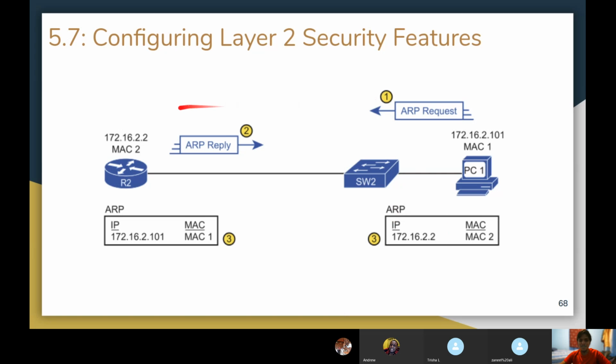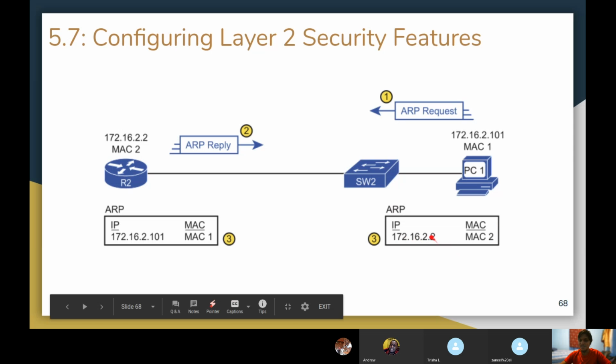You'll see the request going out, and then this guy will see it and he'll say, hey, I actually have that IP address. Let me respond there. You'll see the IP address there, and the MAC address will be in that reply. So this guy will get a response from him, and he'll say, hey, I have that IP address, and here is my MAC address.